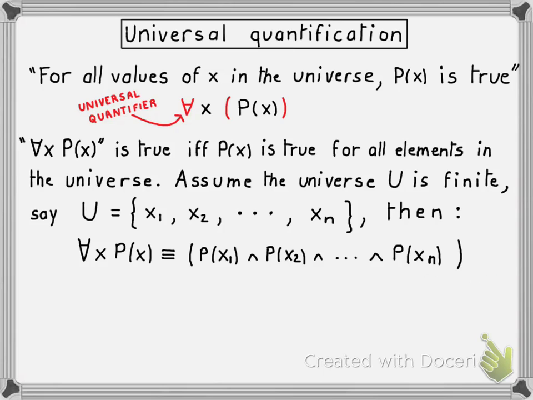But the important thing to notice here is this is really just a shortcut for a conjunction of n propositions, namely P of x1, P of x2, and so on. This is just an abbreviated way of stating the fact that P of x holds for every single element in the universe U.